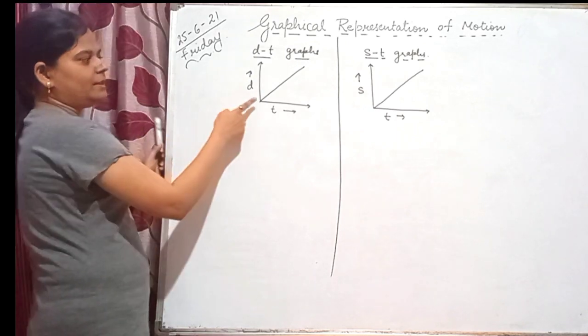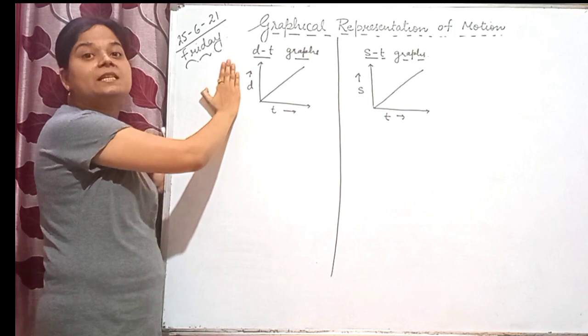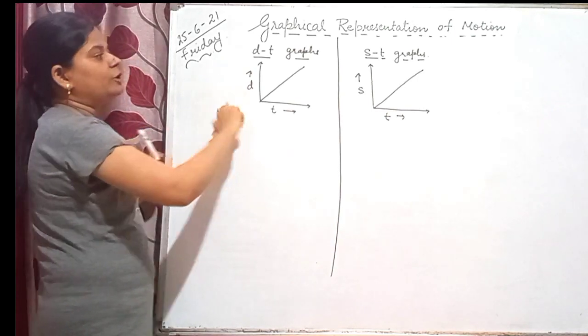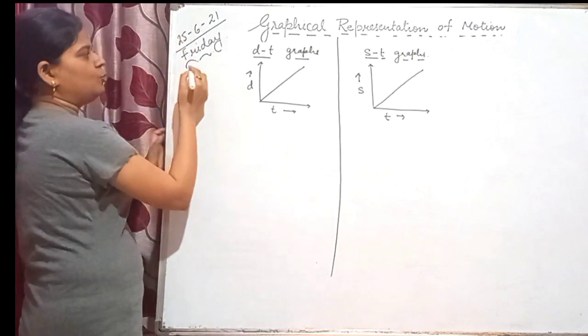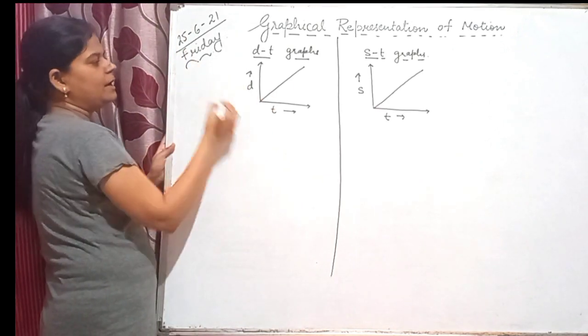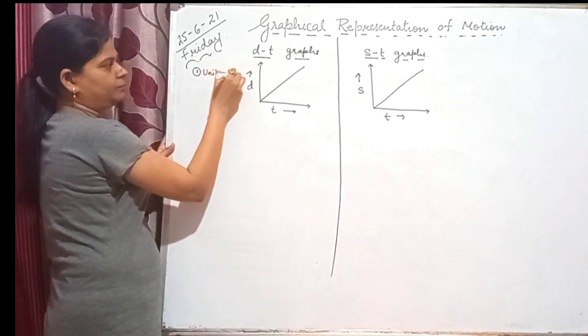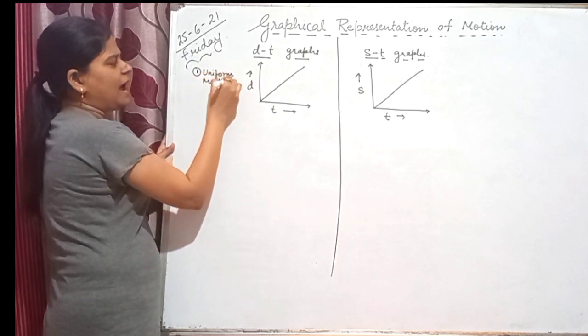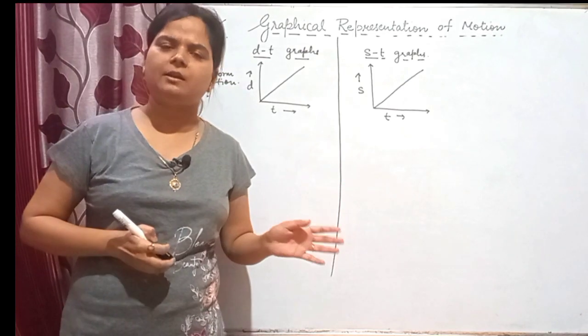Now you can see that the straight line is going up. It means the quantity on the y-axis is increasing uniformly. So distance is increasing uniformly. It means the motion is uniform. So what does it represent? It represents uniform motion. And uniform motion, we have already done this concept.